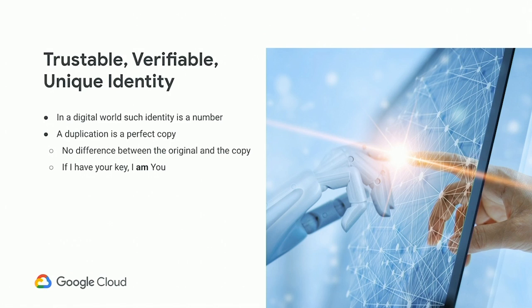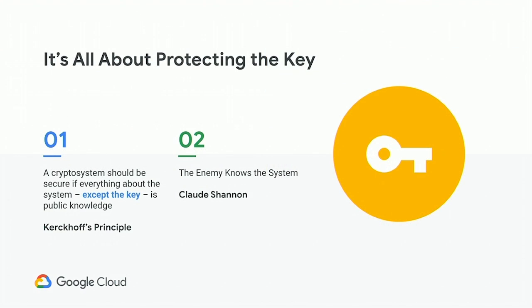So a trustable, verifiable, and unique identity is essentially a private key that is very easy to copy, which means if I have a copy of your private key, I have essentially all the access that you have. So preventing someone from making a copy of that private key is essential. Right. So it's all about protecting the key.